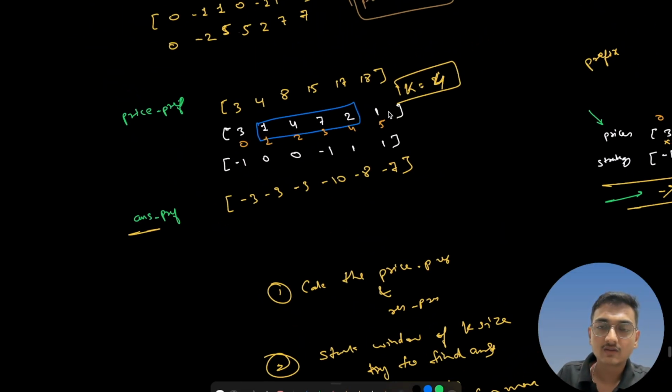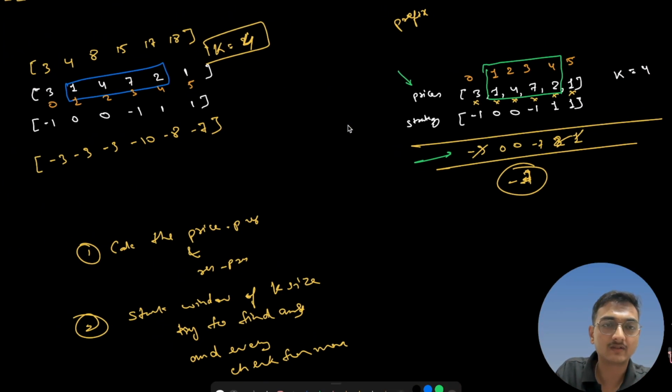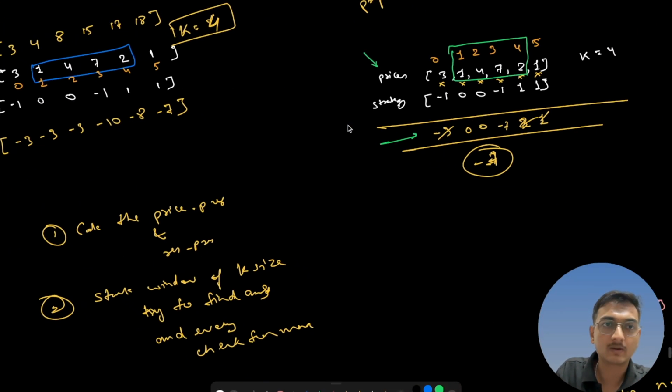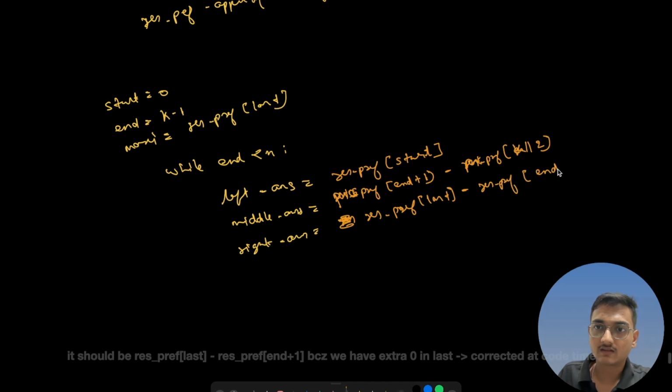Let's see. In this window my end was 5, so I think directly I can take end, not end plus 1, not end minus 1. So price prefix of end.